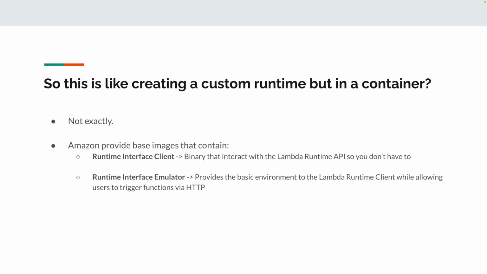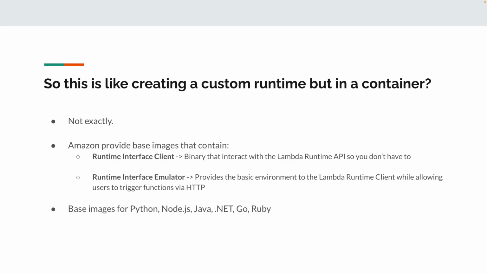So you need some program to lie to your runtime interface client, saying, you know what, you're actually running on the Lambda service. This is the whole purpose of the emulator, to pretend that that was a good decision. So the runtime interface emulator provides this Lambda service-like environment. If you remember, client is the runtime API, and emulator is the person who is compulsively a liar to the runtime client. You're good.